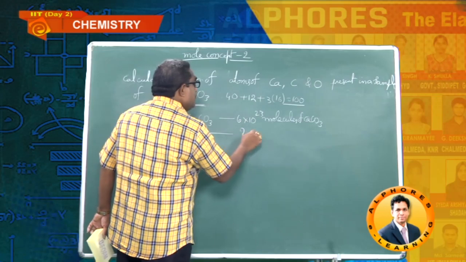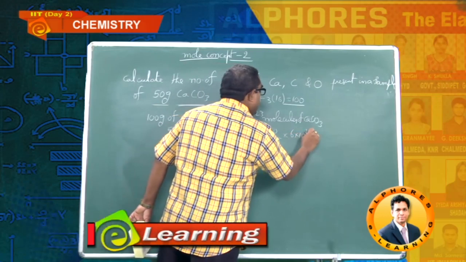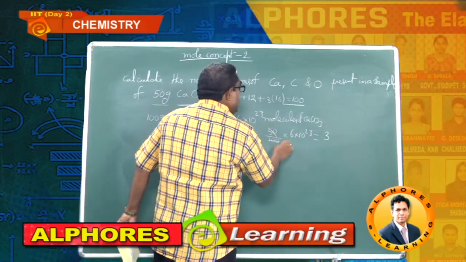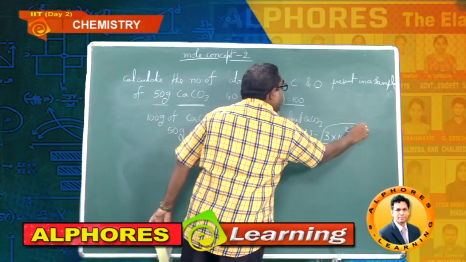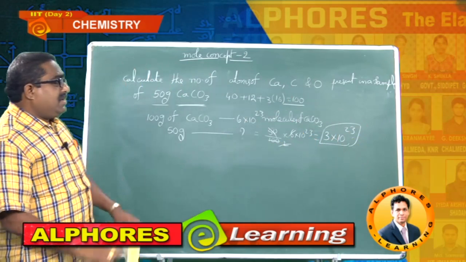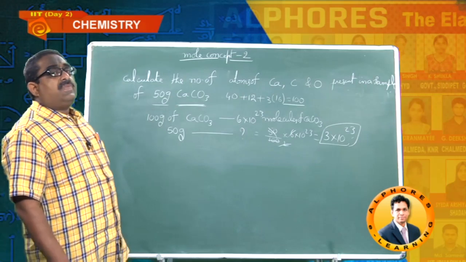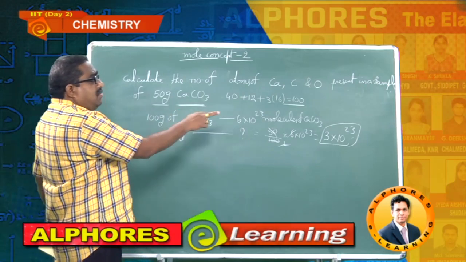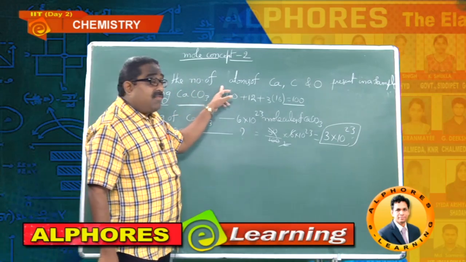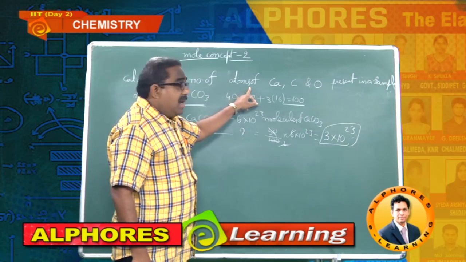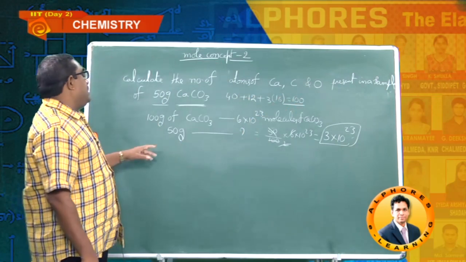That is 50 by 100 into 6 into 10 power 23, that is 3 into 10 power 23 molecules. We have only 3 into 10 power 23 species of calcium carbonate. We now have the molecules of calcium carbonate, but he is asking you to calculate the number of atoms of calcium, carbon and oxygen.